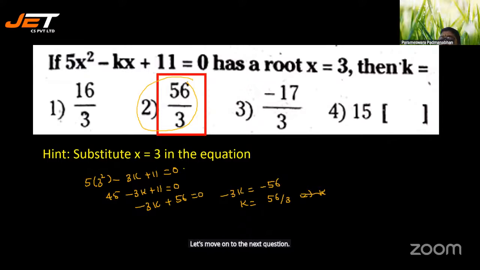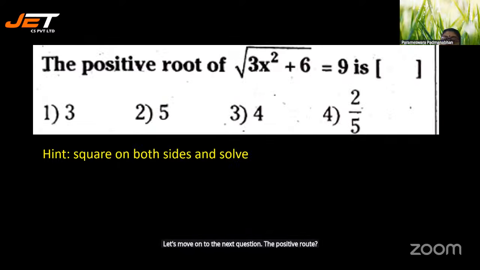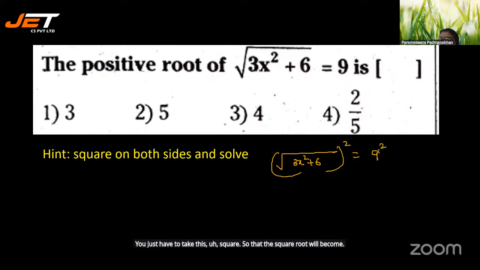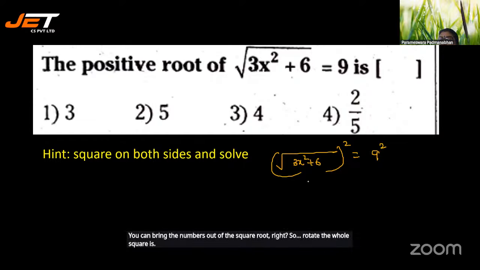The positive root of root 3x square plus 6 is equal to 9. So it's very simple. Whenever you have questions like this, you just have to take this square so that the square root will become, you can bring the numbers out of the square root, right? So root a the whole square is a, isn't it?